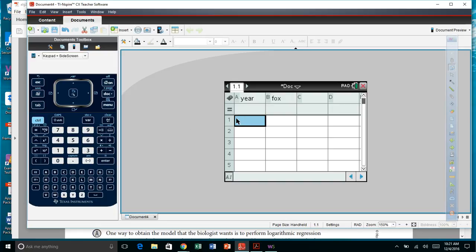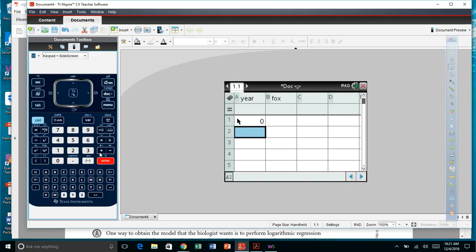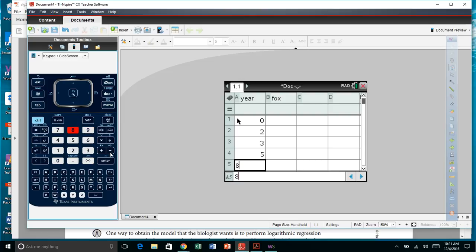That's what that biologist is studying. So we got 0, 2, 3, 5, 8, 12, 15, and 18.